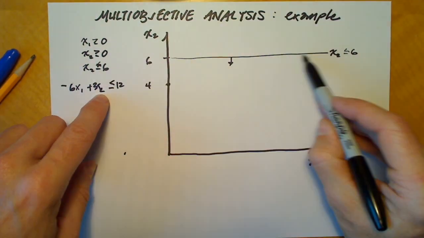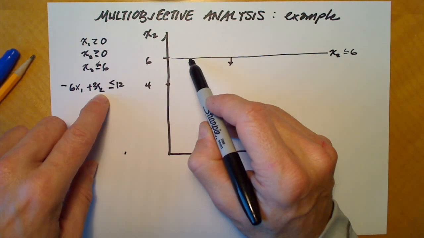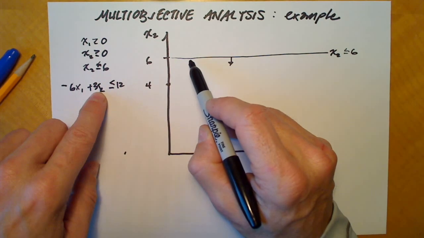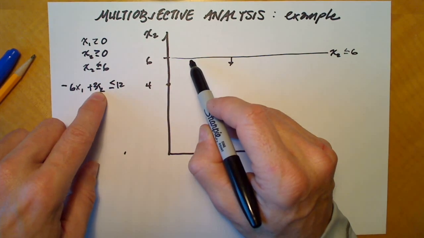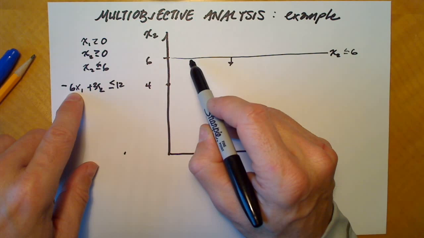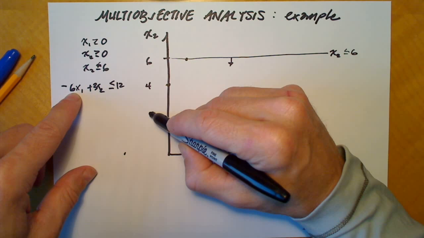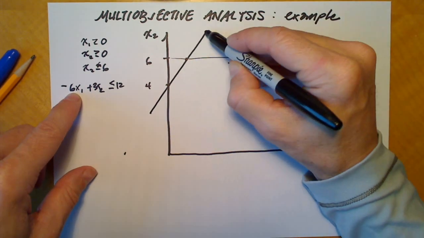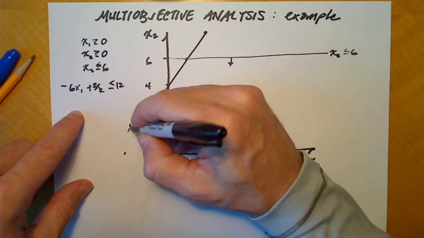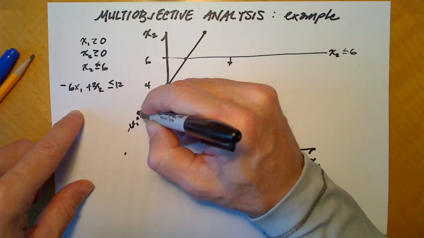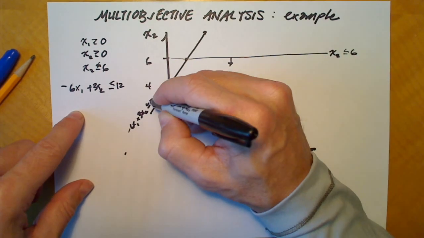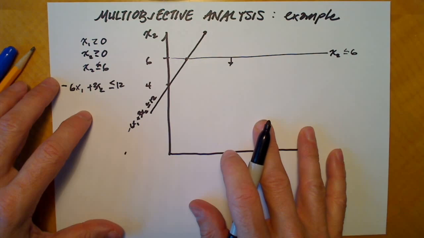Let's find the intercept with x2 equal to 6. x2 is 6, x1 is going to be 1. So that's the line. Negative 6x1 plus 3x2 is less than or equal to 12. And which side is the feasible region going to be on?